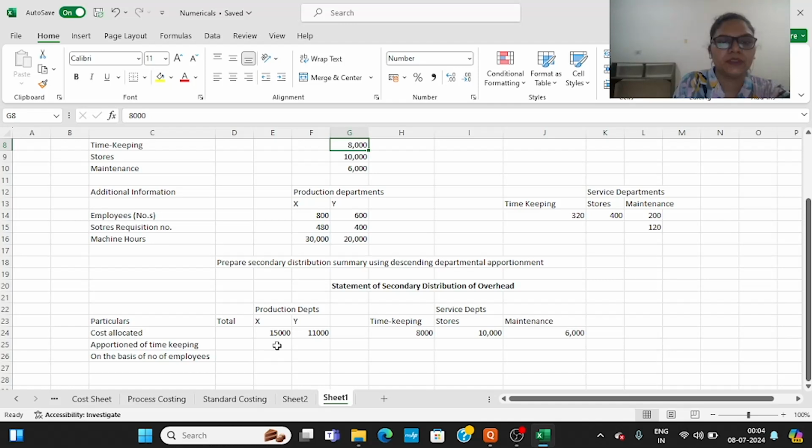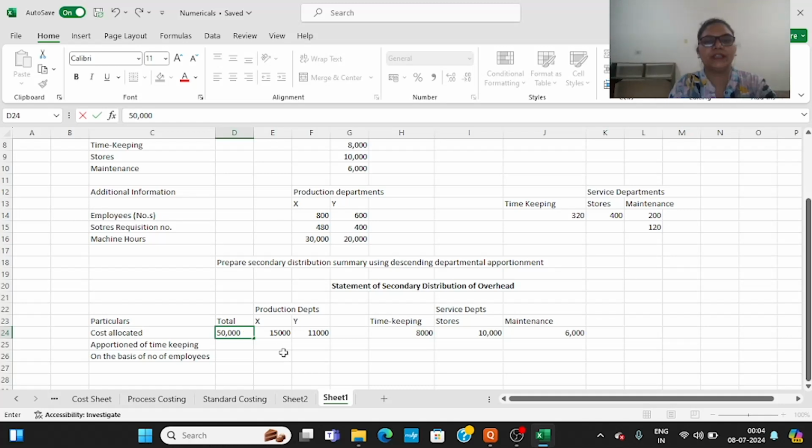Now, 8,000 rupees are allocated on the basis of number of employees. The total cost which will be allocated is 50,000.